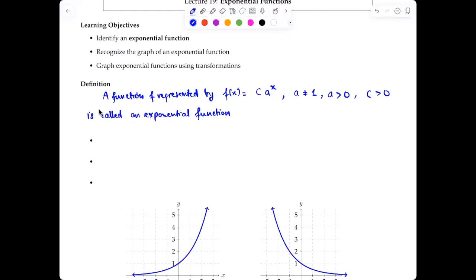From there, we can do a lot of manipulations on the value of C and the value of A so that we can get different types of exponential functions. But overall, the domain of an exponential function is always all real numbers, or from negative infinity to positive infinity. For any exponential function, you always get that all real numbers domain.